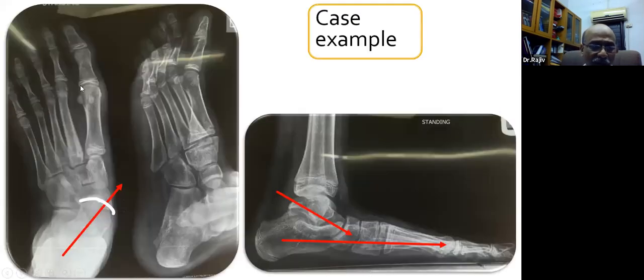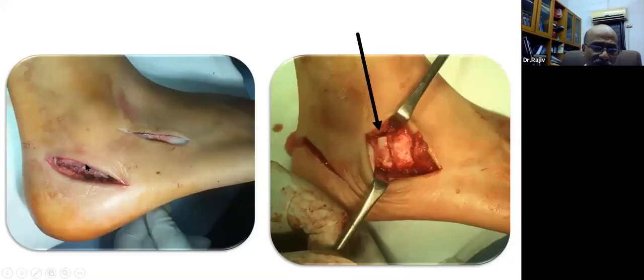Look at this adolescent boy who has got a very bad flat foot. His head of the talus is facing medially and the forefoot has gone into abduction. And this is the lateral view of this patient. And this patient underwent Evans osteotomy. This is the incision of medial calcaneal slide osteotomy. This is the incision for Evans osteotomy. I have done osteotomy.